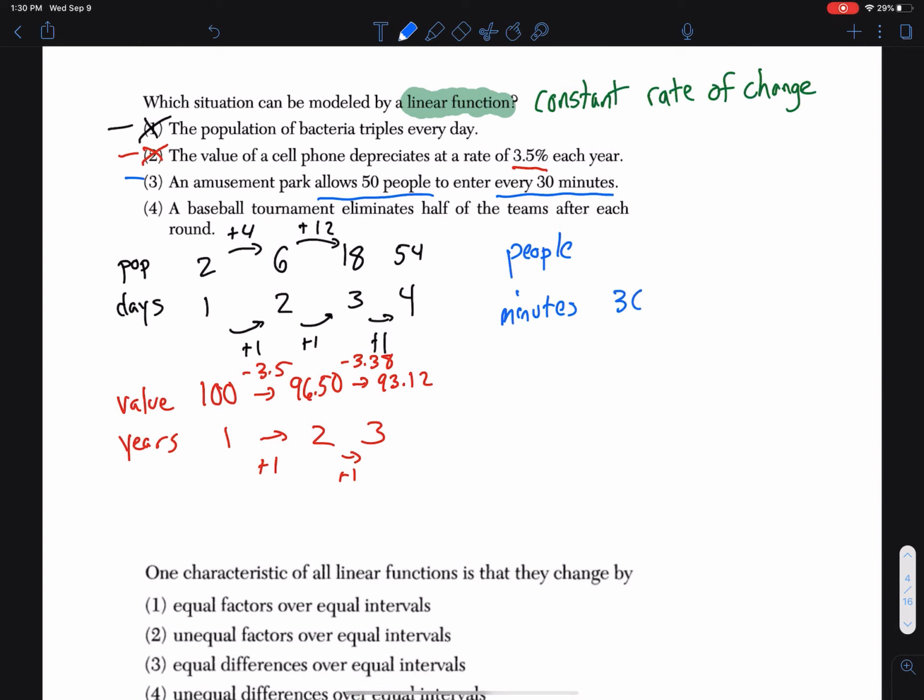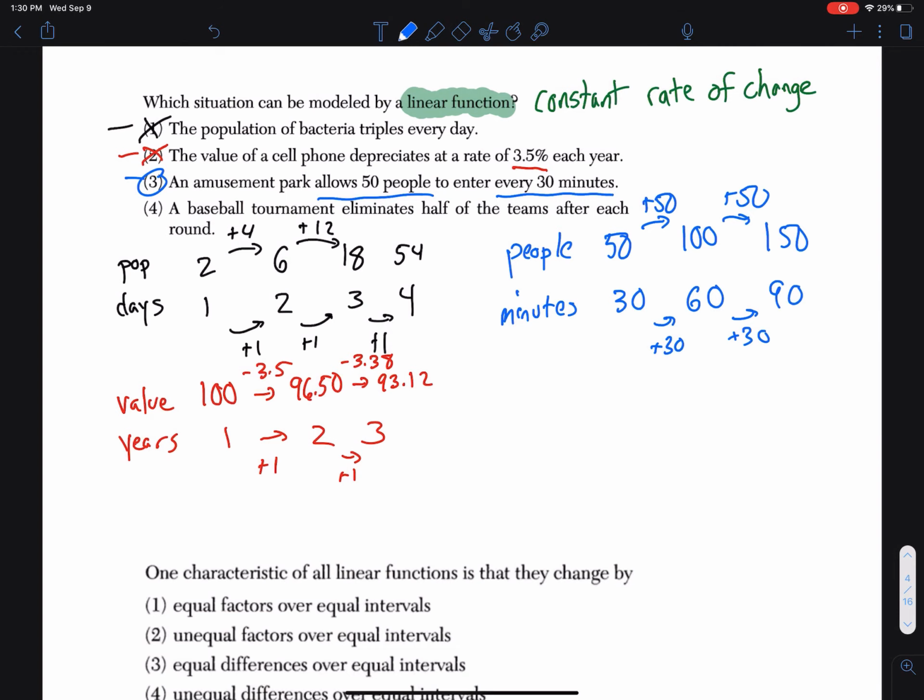Every 30 minutes, it allows 50 people in. So in the first 30 minutes, we have 50, then 100, then 150. You would see it's going up 50 each time for the people, and the minutes is going up 30 each time. So we are going to have a constant rate of change here, so it would be choice 3.